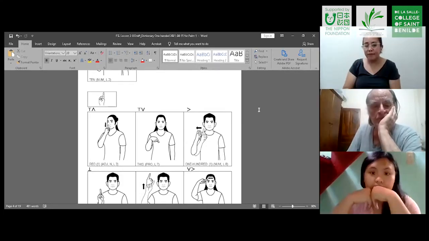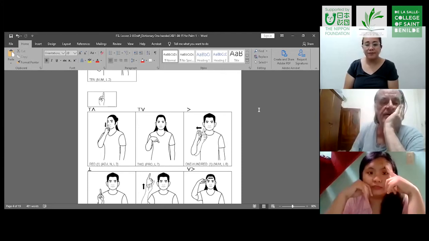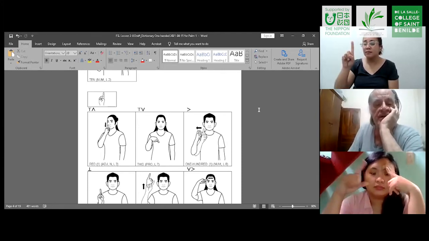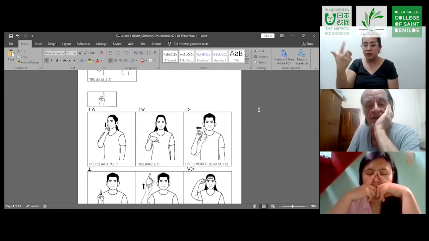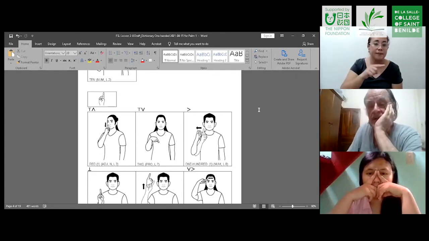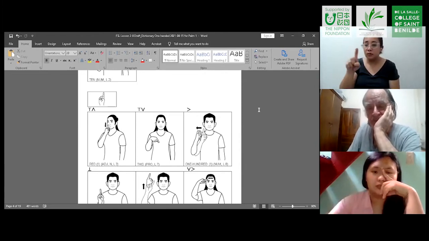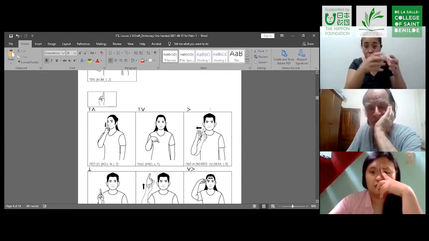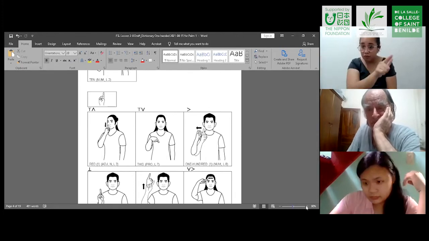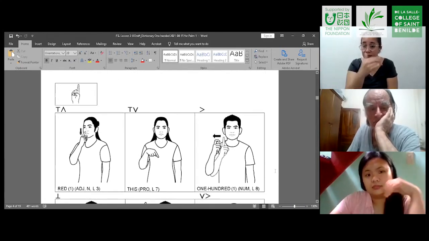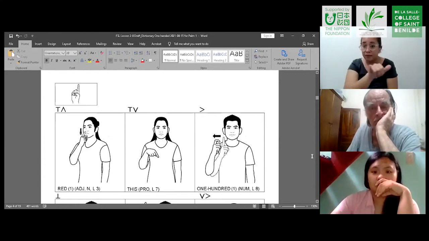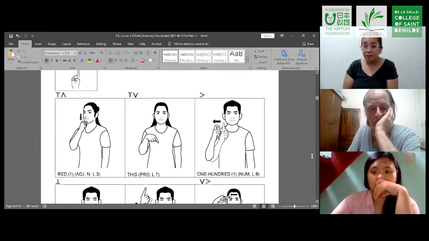Okay, all right. So index finger up. First three signs, red, this, and 100. Same or different, each group? Nat has his hand up. Mine's different. Okay, what's different?